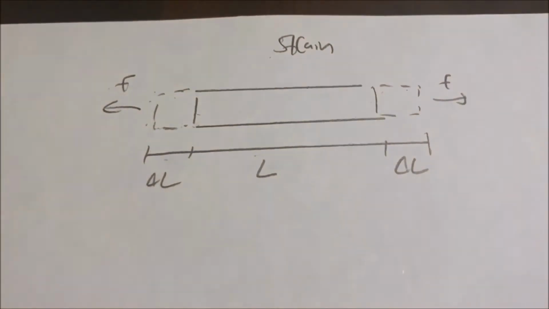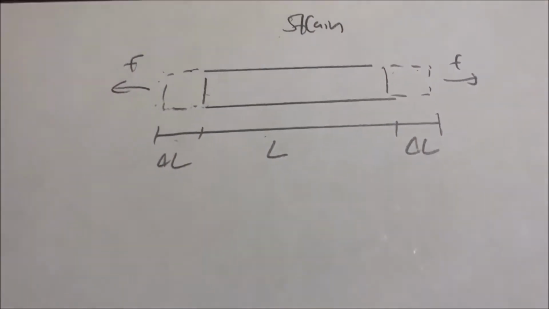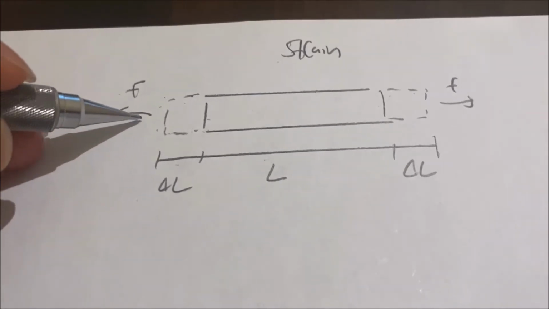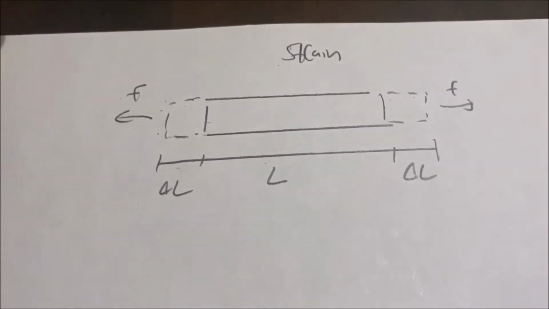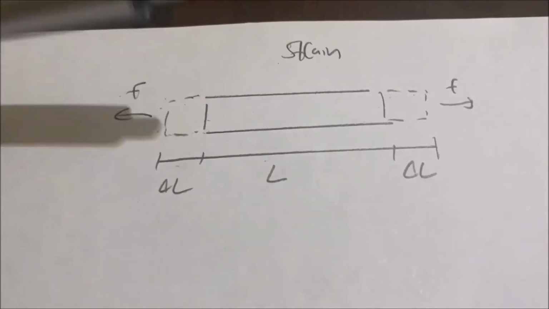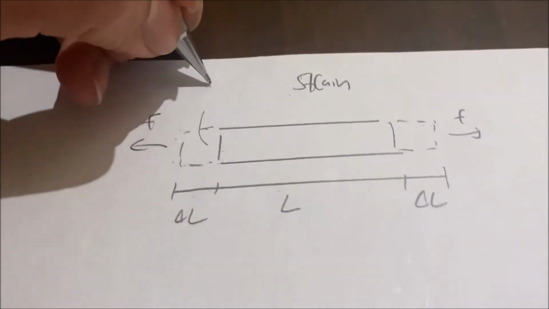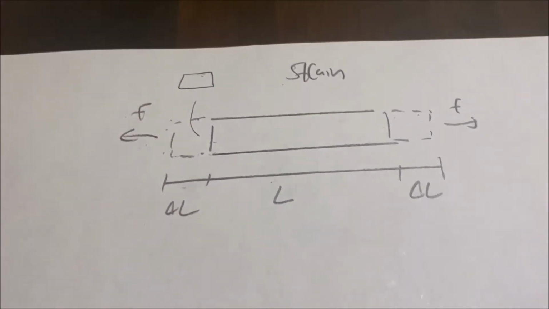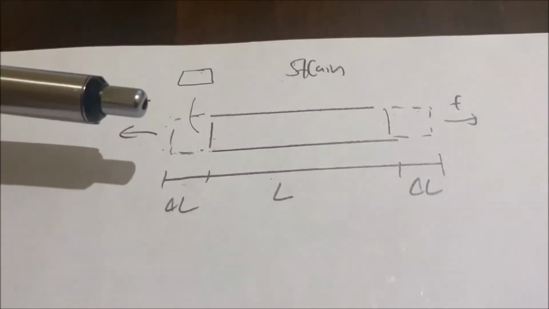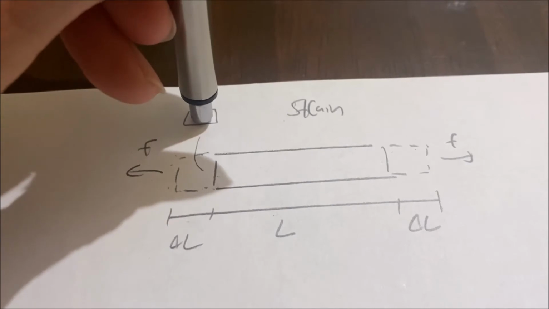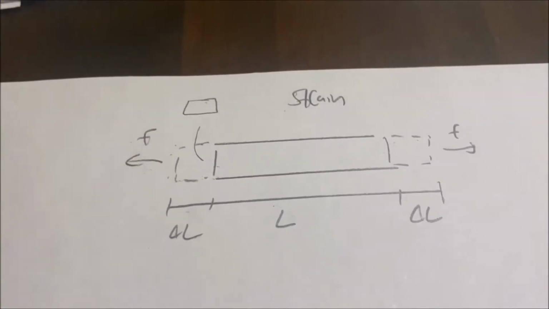Now let's talk about the sign conventions of strain. F is an axial force or a normal force, which means it's a force that's perpendicular to the cross-section. Let's say this cross-sectional area here is a square, and our page is our cross-sectional area, so this force is perpendicular.